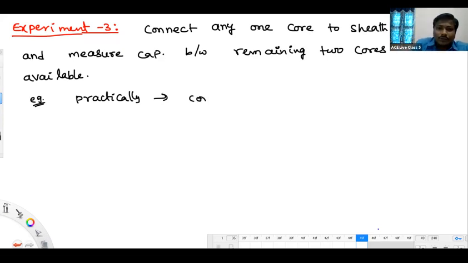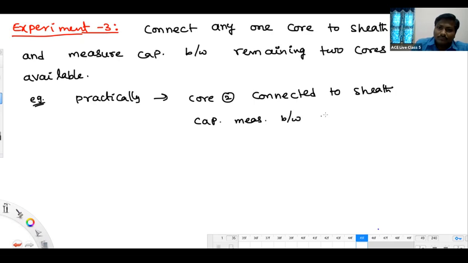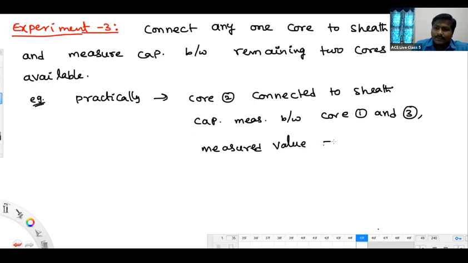So core 2 is connected to sheath, and capacitance has to be measured between core number 1 and 3. Practically, I got that number as C3. The measured value was C3.